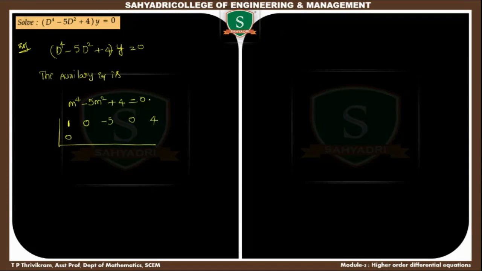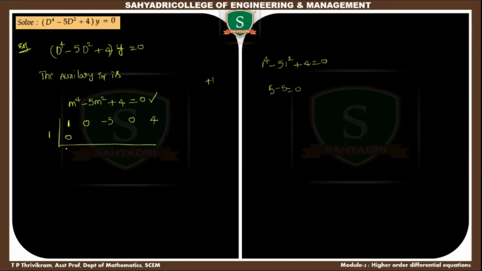First you need to verify with some values, so find basic solutions. Plus 1 if you substitute, what happens? 1 power 4 is 1, so 1 minus 5 plus 4 equal to 0. So 1 plus 4 is 5, minus 5 is 0. So one root is satisfying.